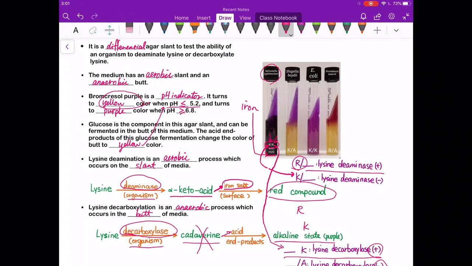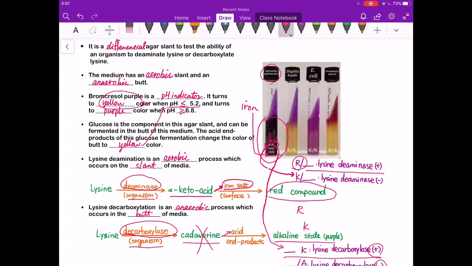And then ferrous sulfate will be formed, which is a black precipitate in the butt of the tube. So you can see here in the butt of this medium, it's pretty dark, which means that there is ferrous sulfate formed, which is a black precipitate in the butt of the medium.